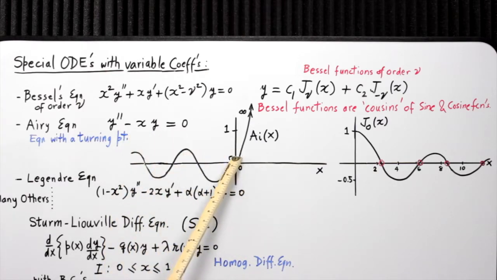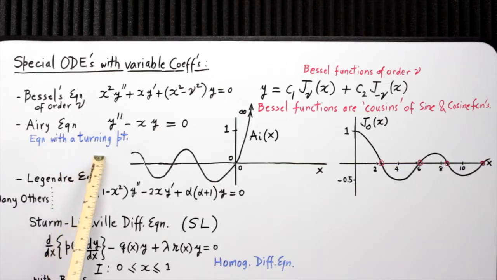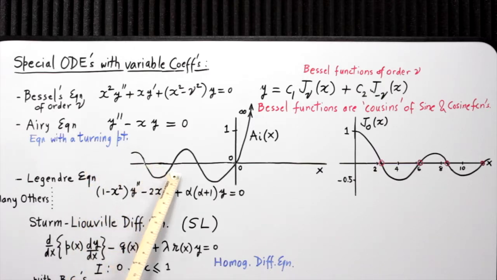And so that turning point where the nature of the solution changes from oscillatory to exponential is at x equal to 0, and that is called a turning point. This is the simplest equation with a turning point, and often solutions to the Airy equation can be used to model or approximate a more complex behavior of turning points that arise in applications.